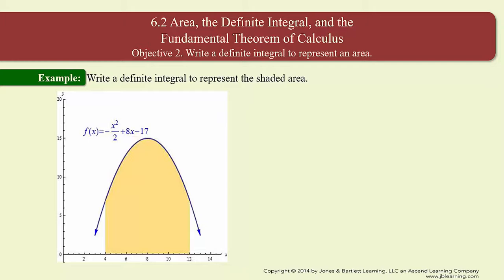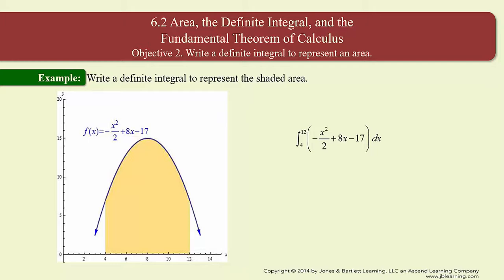So I think we're going to have the integral sign. a is 4, b is 12. So the lower limit of integration should be 4. The upper limit of integration should be 12. f of x, well, we see what f of x is, negative x squared over 2 plus 8x minus 17, then dx. So we should have the integral from 4 to 12 of negative x squared over 2 plus 8x minus 17 dx.